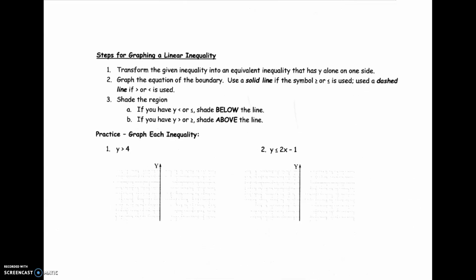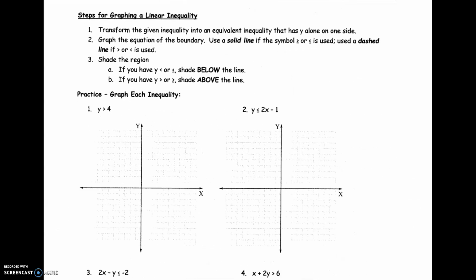Okay, let's go to the next page. Steps for graphing linear inequalities. First, you're going to transform the given inequality into an equivalent inequality that has y alone on one side. Then you're going to graph the equation of the boundary. Use a solid line if the symbol is greater than or equal to or less than or equal to.